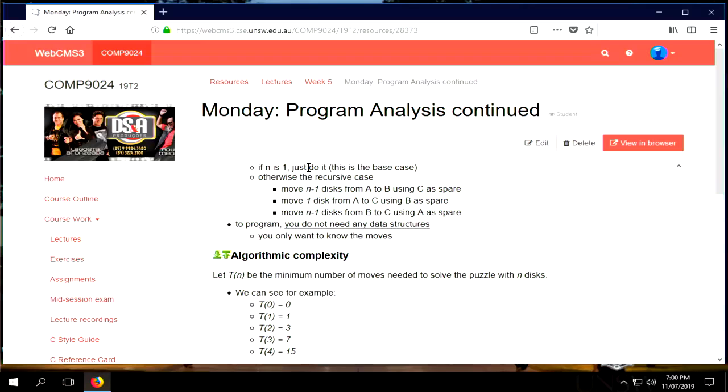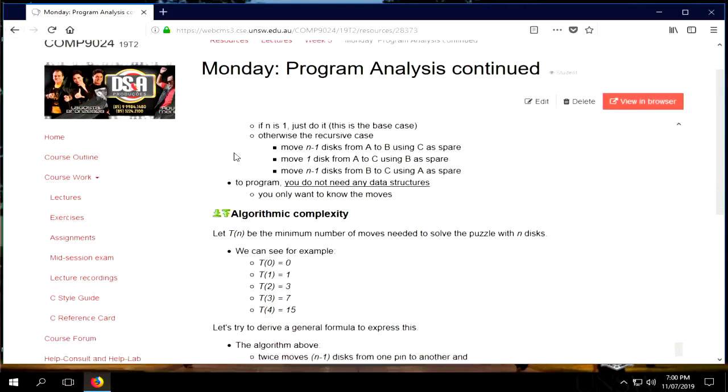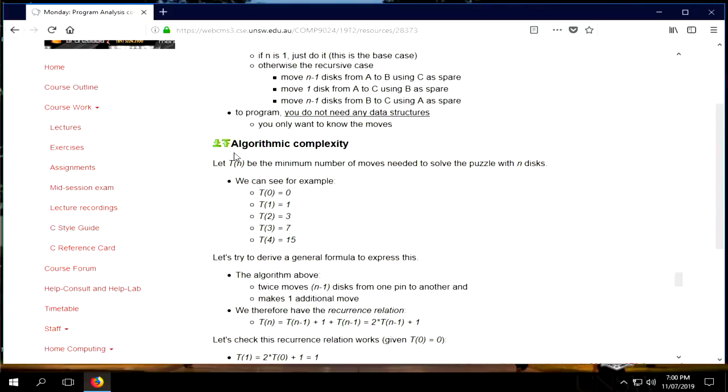So 2 times 3 plus 1 is 7. The same thing, T4 is going to be 2 T3s plus 1 move to get the big disk to the other pin. So these are, if you like, test cases, initial conditions, boundary conditions, whatever you want to call them.